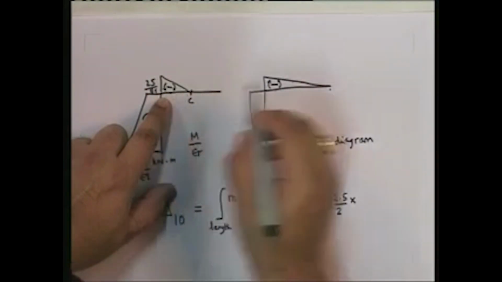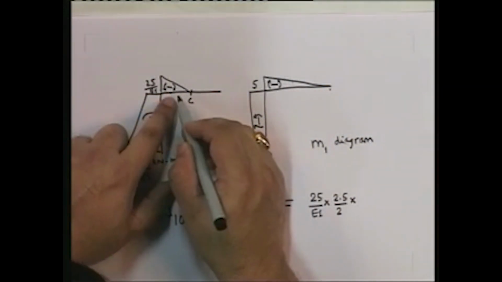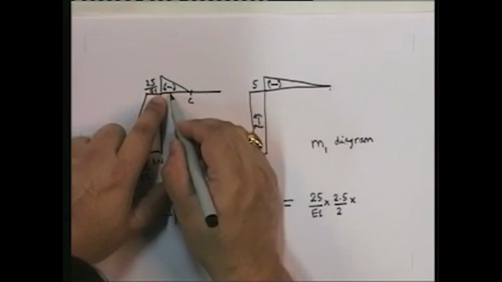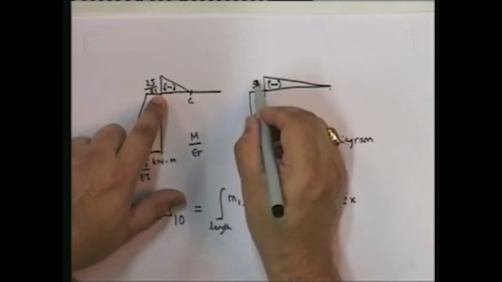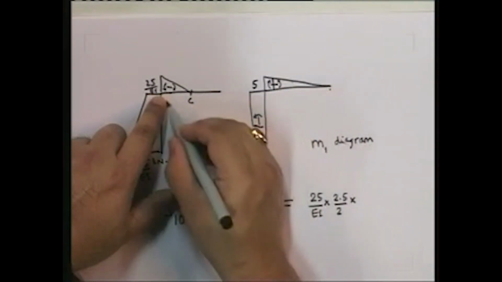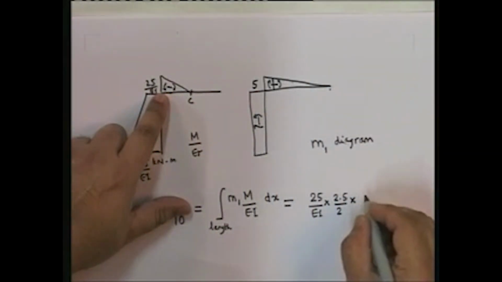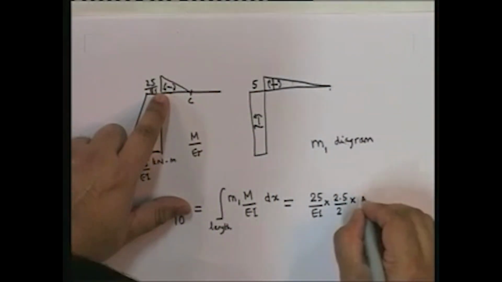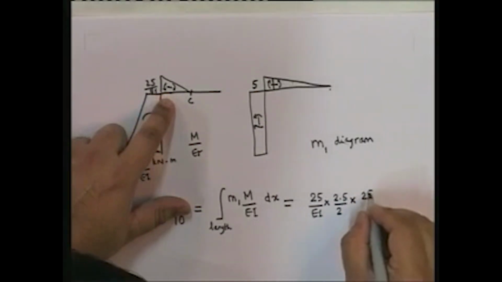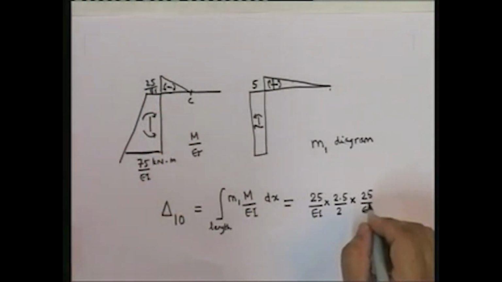So since this is 5, this is 5 by 6 from this point. If you take that, you will see that the value at the centroid of this graph is going to be equal to 25 by 6.